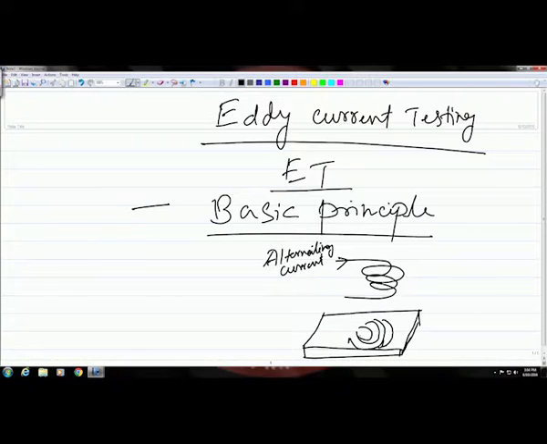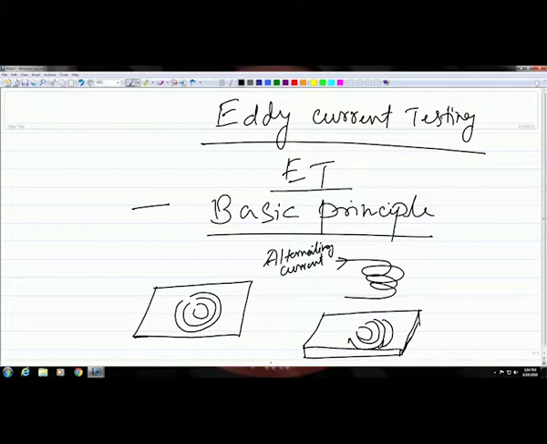Okay, now, if there is a defect on the surface, this flow pattern will be disturbed. Okay. So, on a completely defect free surface like this, you will have this kind of flow in this particular pattern and there will be no disturbance in this flow path.